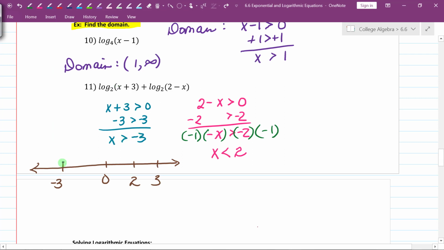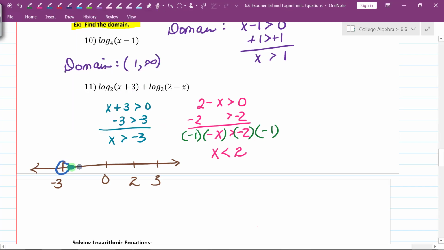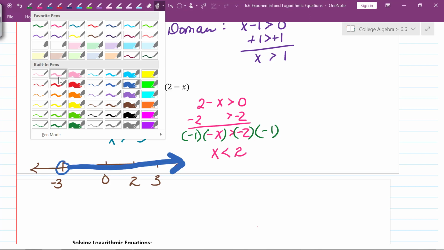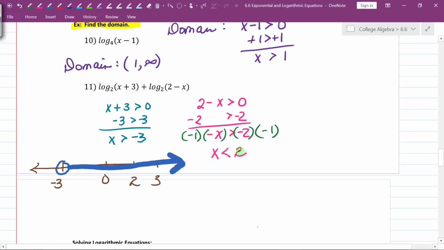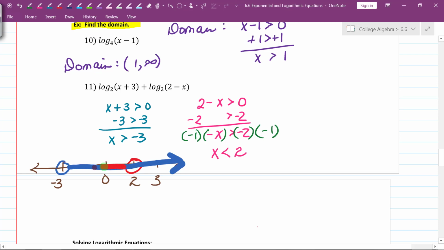We're going to have an open circle right there because x has to be greater than negative 3, and we're going to be going to positive infinity. The next one here is x has to be less than 2. Here's 2. So at 2, we're putting an open circle, and then we're going to negative infinity.